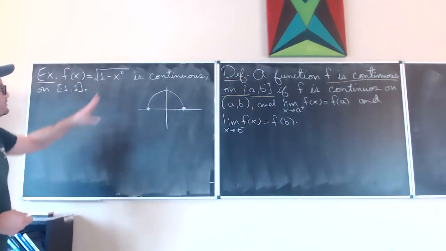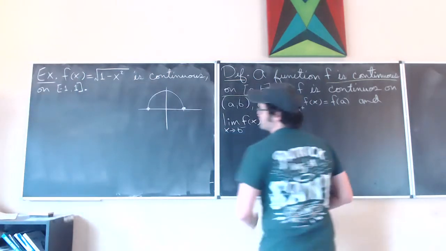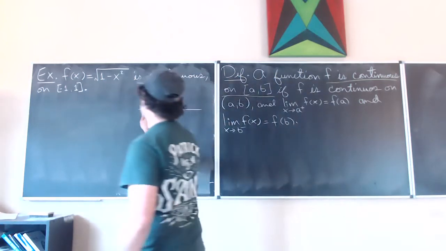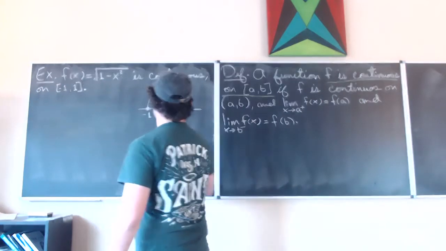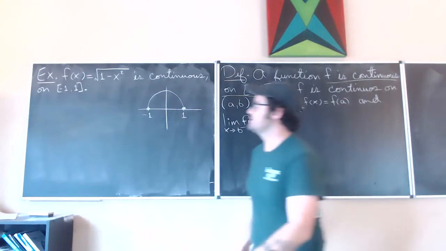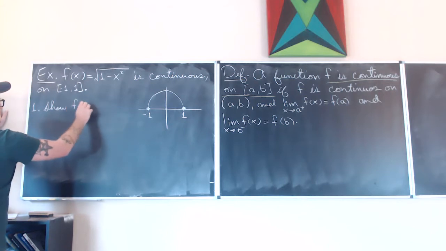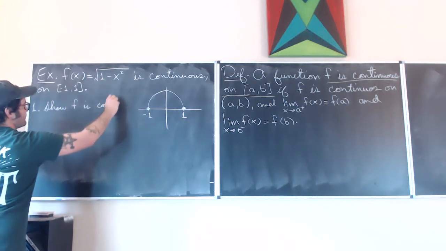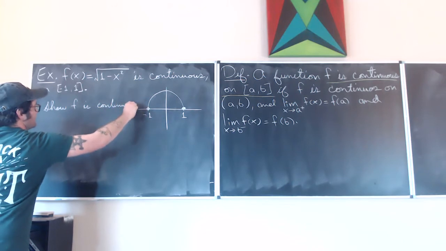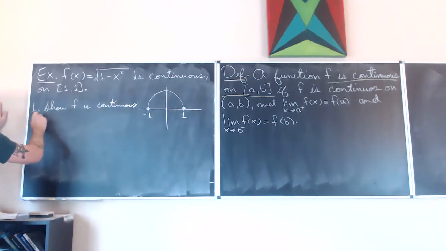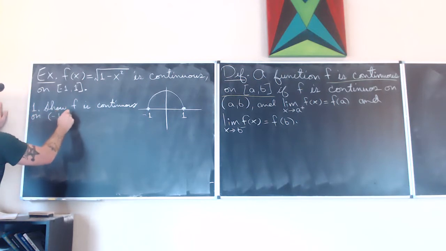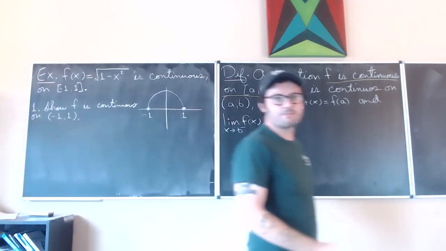So let's argue why this function is continuous on that closed interval -1 to 1. So first we need to show f is continuous on the open interval (-1, 1). That's the first thing we need to do. Okay.